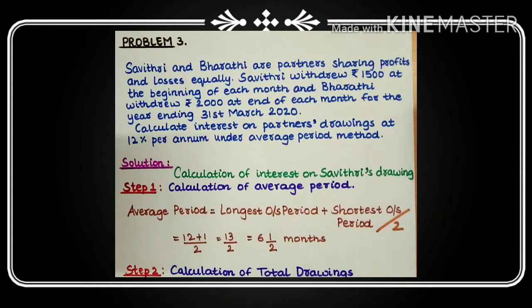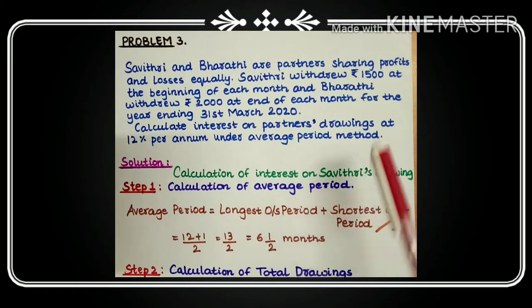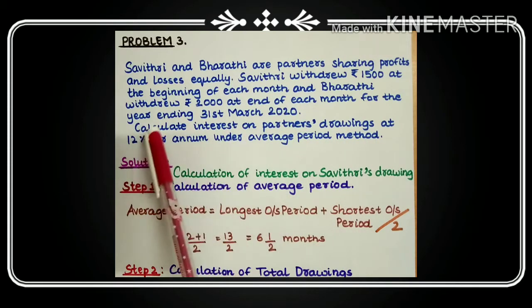In this problem, we have two persons for calculation of interest on partners' drawings. First, let us calculate interest on Savitri's drawings. Step 1 is calculation of average period: longest outstanding period plus shortest outstanding period divided by 2. What is the longest outstanding period in Savitri's case? It is 12 months, correct. She is taking it at the beginning of each month and it is year ending.